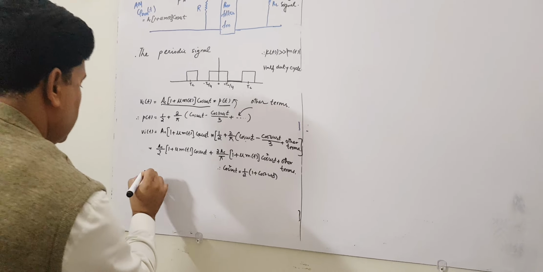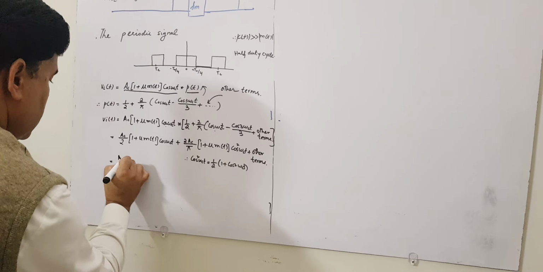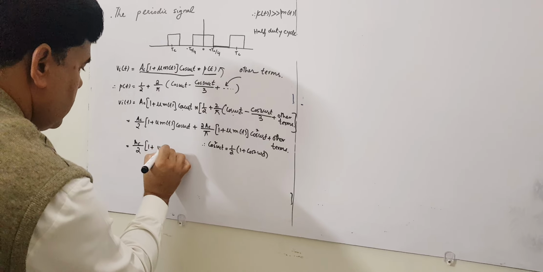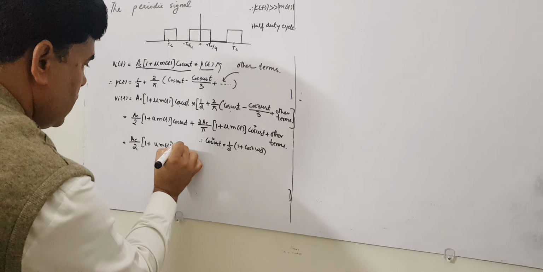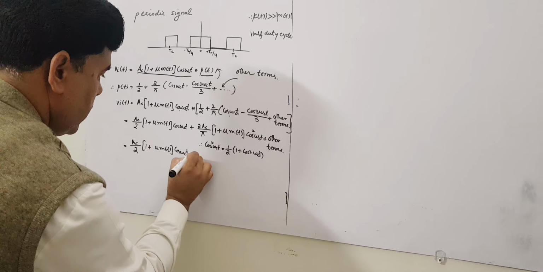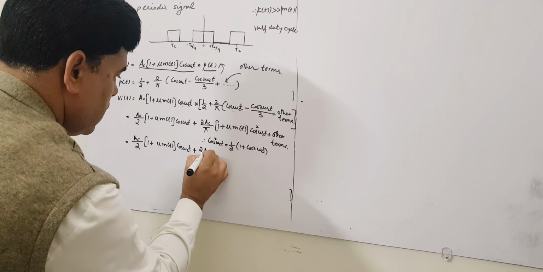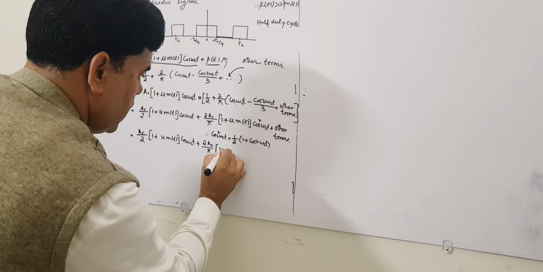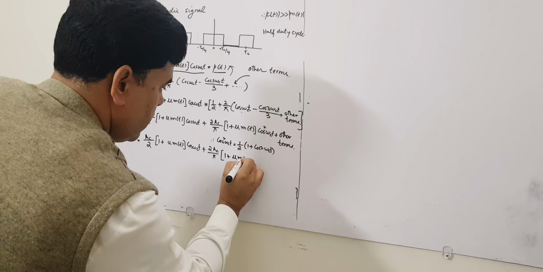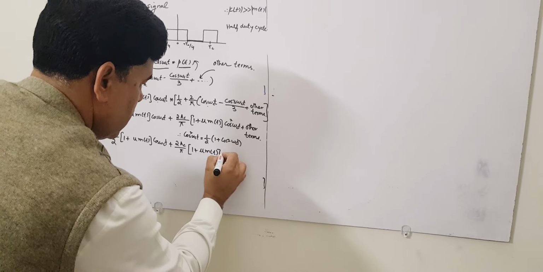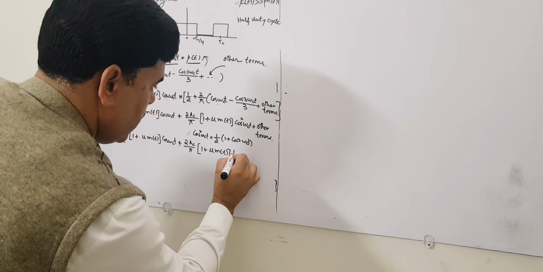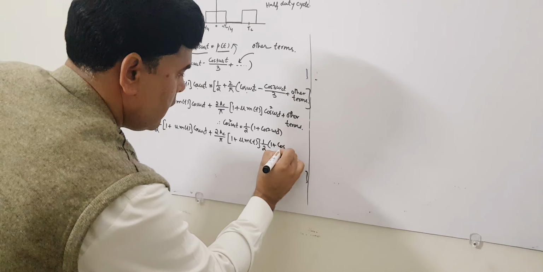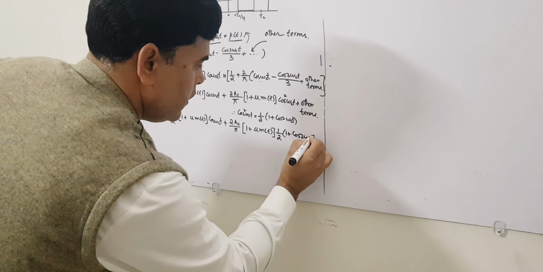Use that formula here, and you will end up with Ac/2 (1 + mu m(t)) cos omega_c t plus 2Ac upon pi (1 + mu m(t)), and then again multiplied by 1/2 cos 2 omega_c t.